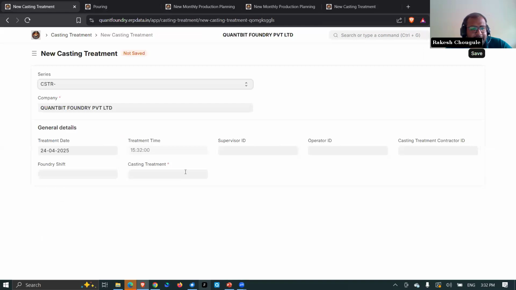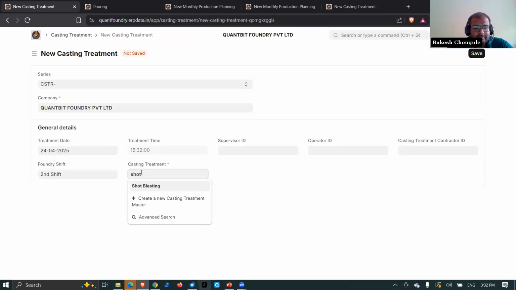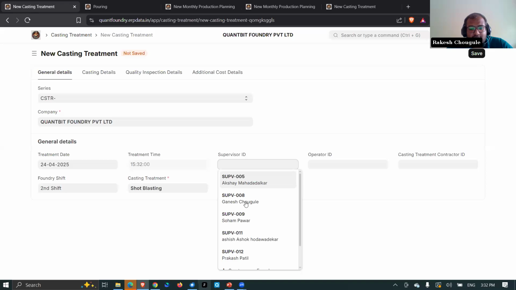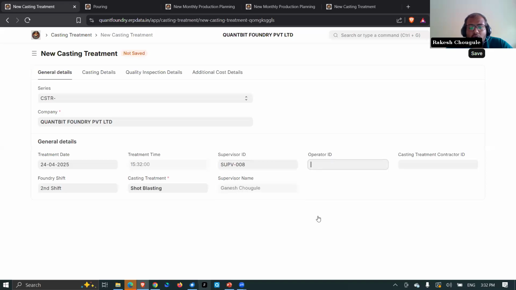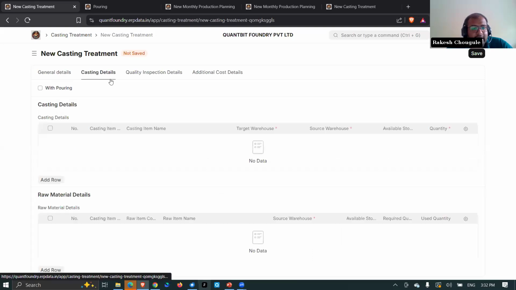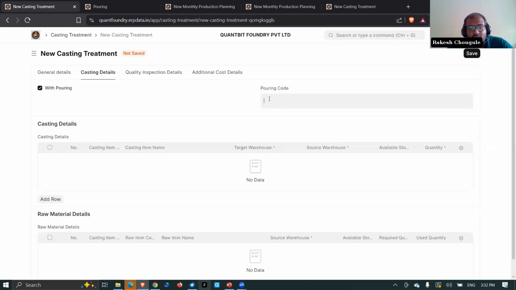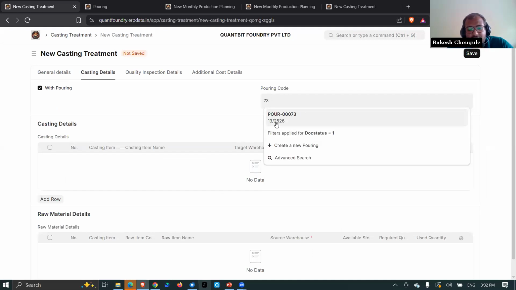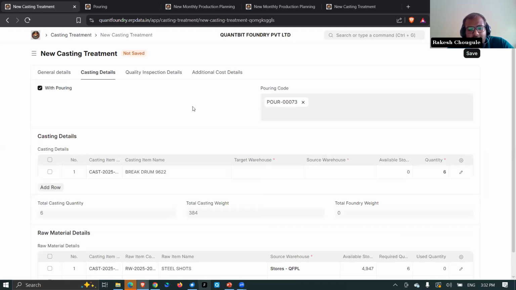I will add a new entry. There will be a shift, in which shift we have production. Then there is shot blasting, which supervisor is there, which operator is there. After that, I will select the pouring entry. So I have to select the heat number, which we have already entered in the pouring entry.